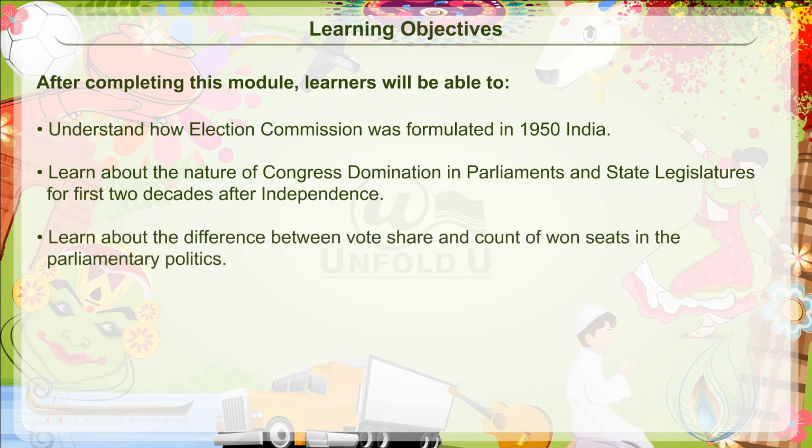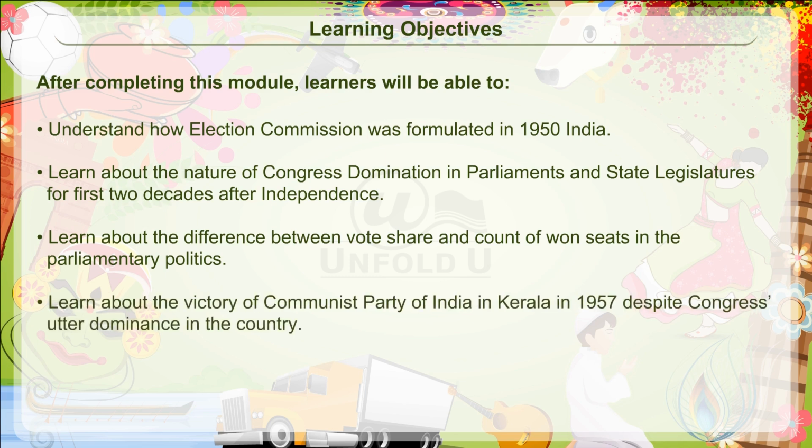Learn about the difference between vote share and count of one's seats in parliamentary politics. Learn about the victory of the Communist Party of India in Kerala in 1957 despite Congress's utter dominance in the country.